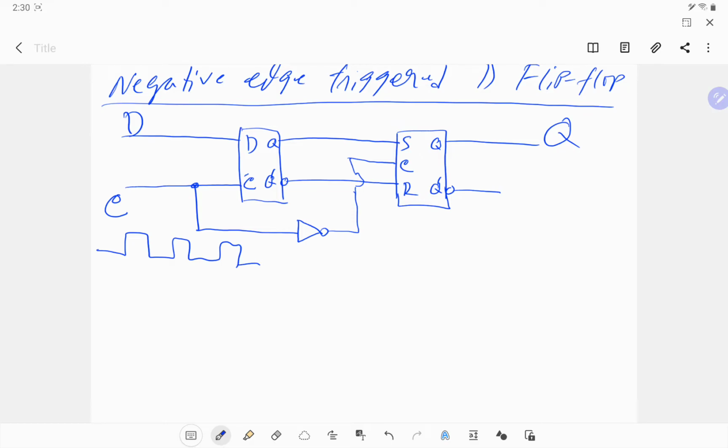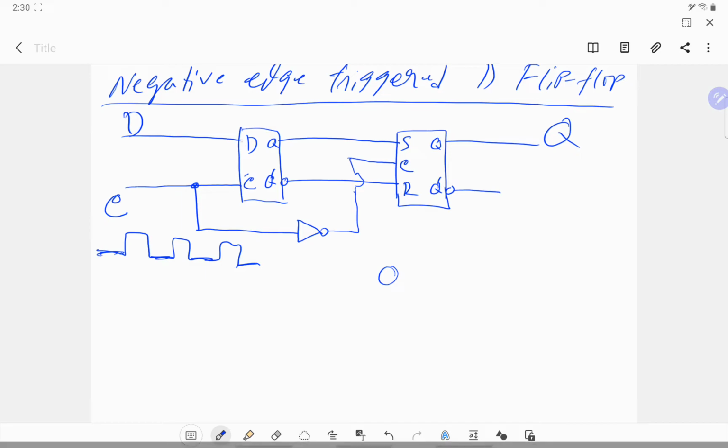When the clock pulse is 0, let's consider this part or that part or that part. So what happens if the clock pulse is 0? Then the first latch is not triggered, but the control input of the second latch is 1, so the second latch is triggered.